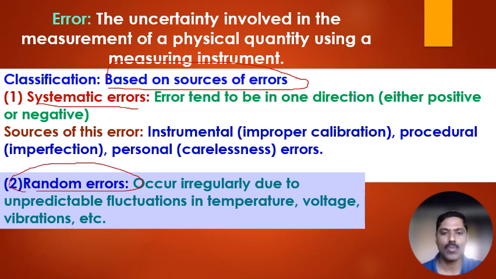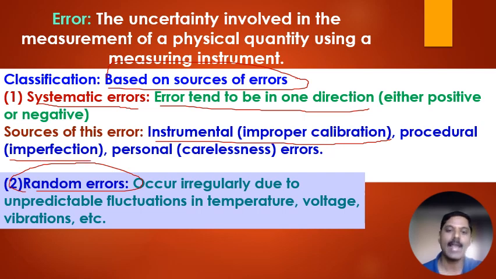Systematic errors are those errors which tend to be in one direction, whereas random errors need not occur in the decided direction. For example, systematic errors happen due to improper calibration of instruments, or imperfectness in following the procedure in handling the instrument, or the carelessness of the person who is handling the instrument.